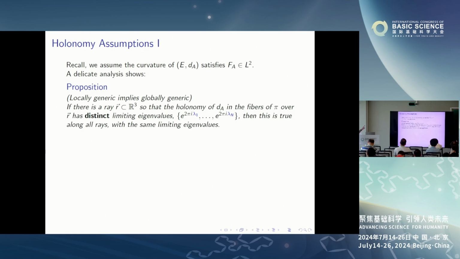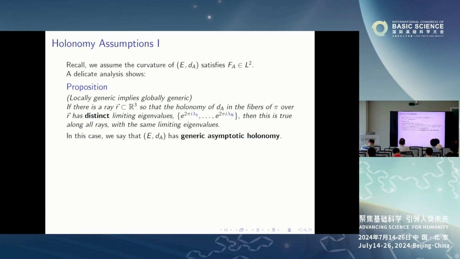If you have a single ray in R3, so if the holonomy of the connection in the fibers of our Taub-NUT projection, that's a small pi, not a big pi, over that ray has distinct limiting eigenvalues, say e to the 2 pi i lambda_1 through lambda_n, then in fact, along any ray, you limit to distinct eigenvalues, and the limits are all the same.